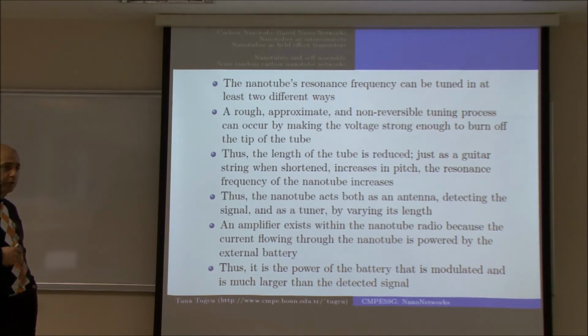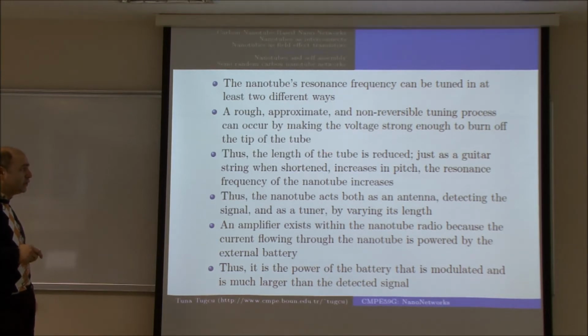So you burn the tip off from the carbon nanotube, and the length of the carbon nanotube changes. Therefore, the oscillation frequency changes. So if you burn it such that the frequency matches the frequency you want, then you can use that. But the problem is, since you're burning the carbon nanotube, then you cannot change this frequency, at least not in the reverse direction.